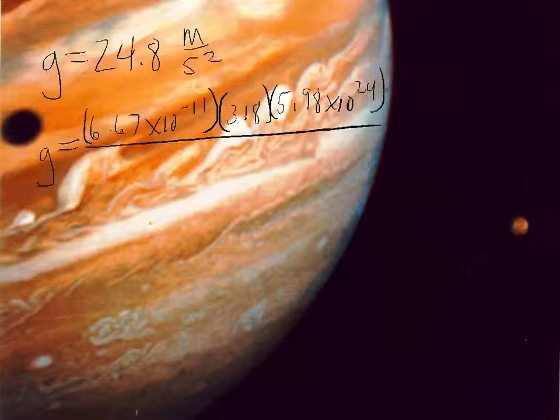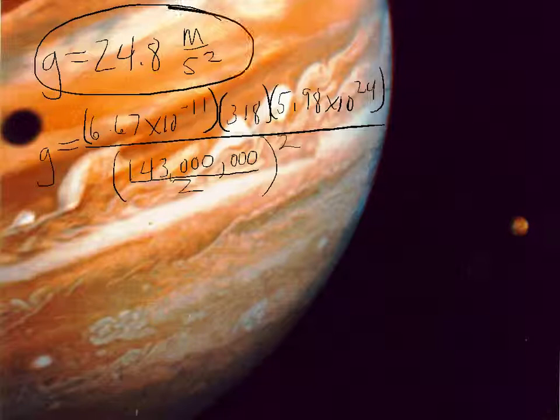And then all of that goes over the 143,000 with the extra zeros because we're converting from kilometers to meters. You have to divide that by 2 because we need the radius, not the diameter. And don't forget to always square that. When you plug that all into your calculator, this is the answer you should get. So try it out and make sure that's what you get for the surface value of g for the planet Jupiter.